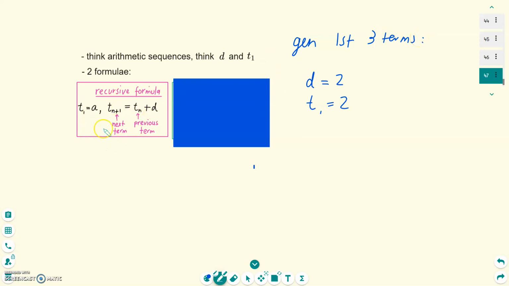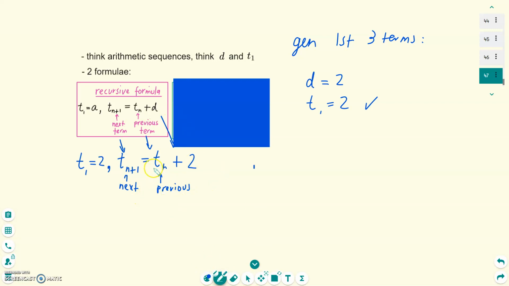And here we go. So using this formula, we know that T1 is 2. Let's define our recursive formula. And our recursive is just in terms of these little guys. Tn plus 1 equals Tn plus 2, because that's D. Substituting straight in. Okay, now let's use it. This first step people get confused by, but it's all good. You just want to remember that the next term is the previous plus the common difference.